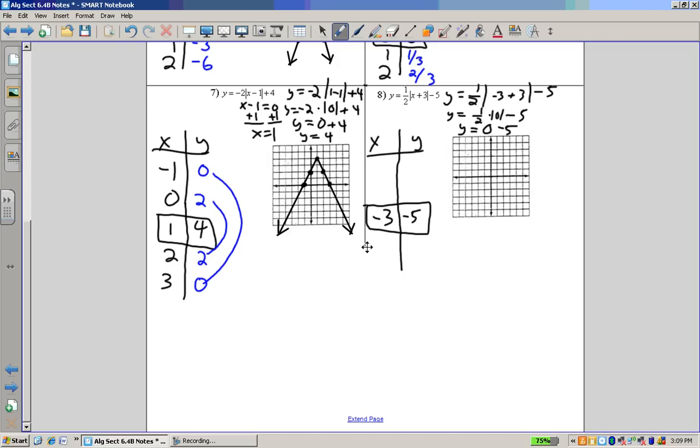Now we're going to go up 1, up 2 from the x-coordinate of the vertex. We're going to go down 1, down 2 from the x-coordinate of the vertex. Let's go ahead and start plugging in some x values and see what we can come up with.